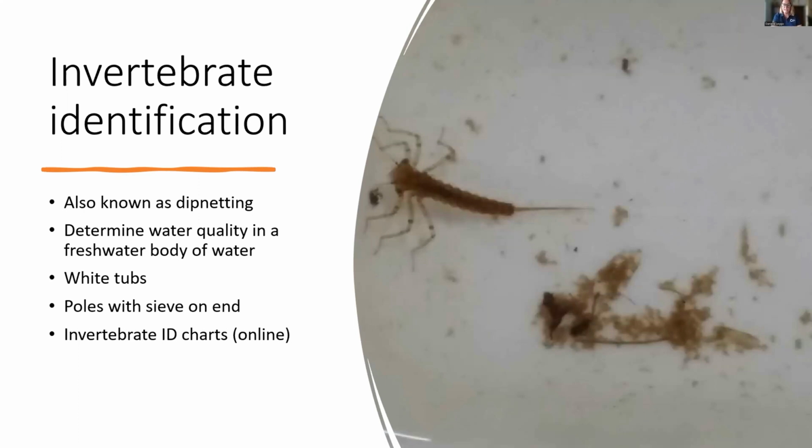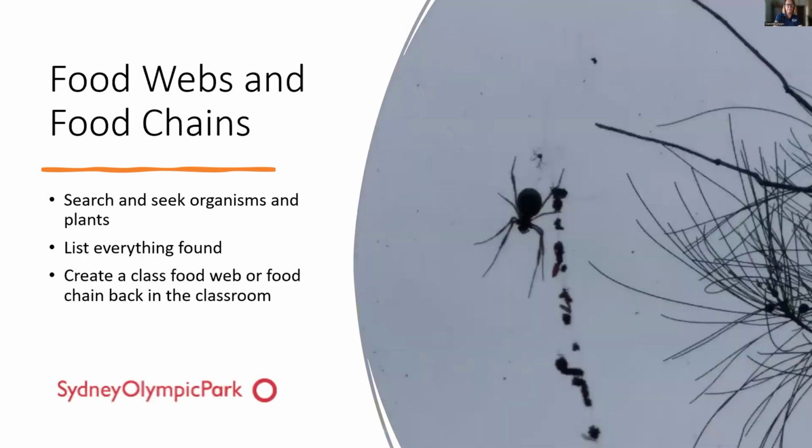All the little creatures that you catch, the invertebrates within the water, are indicators of different types of water quality, and the charts will allow the students to identify those water bugs and then determine whether or not the water is polluted or whether it's clean. So that's a really fun one to do with the students as well. They love doing that if you're nearby a freshwater creek.